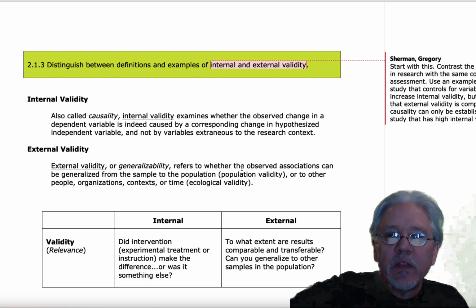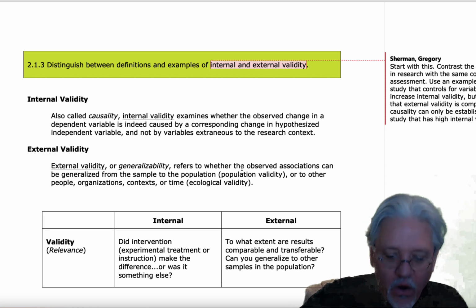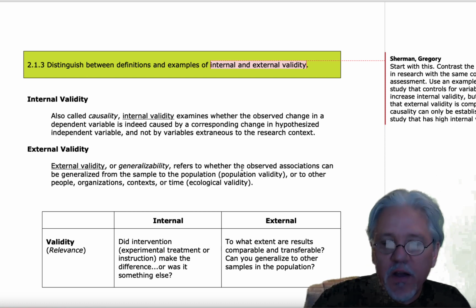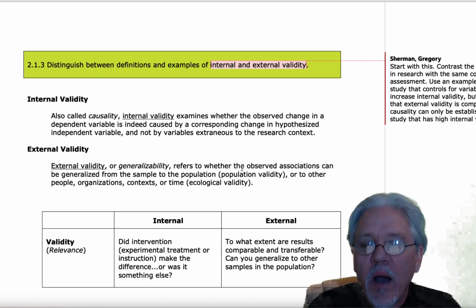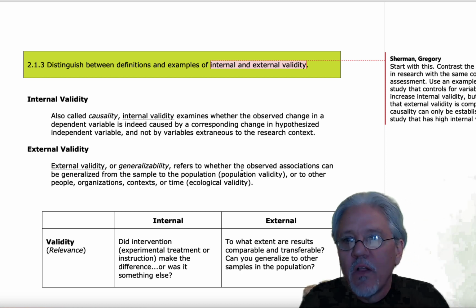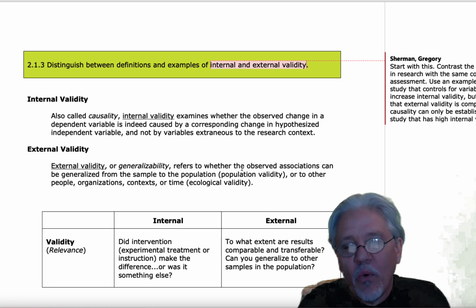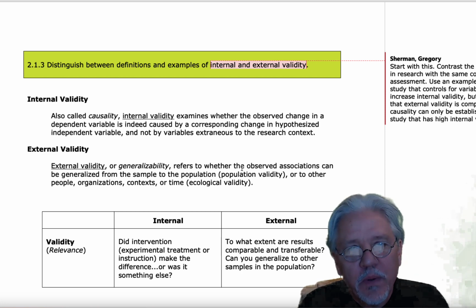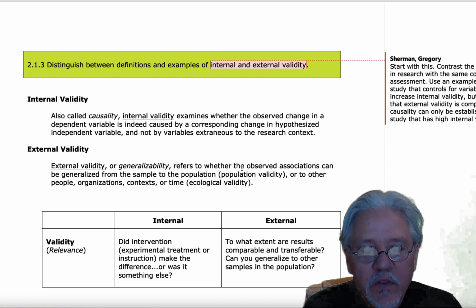And external validity is how applicable your observations and your findings in a piece of research are to other populations besides just your classroom. These are two important concepts because there's always a tension between internal and external validity.